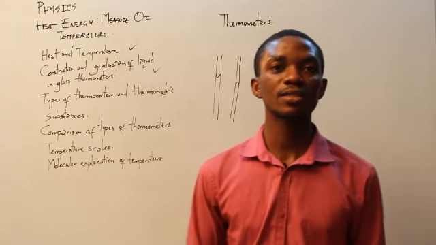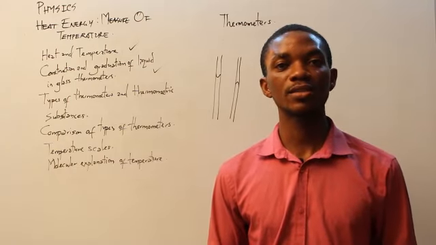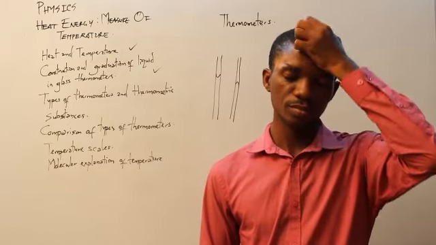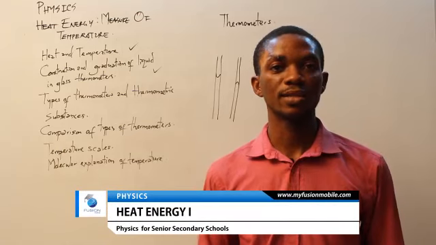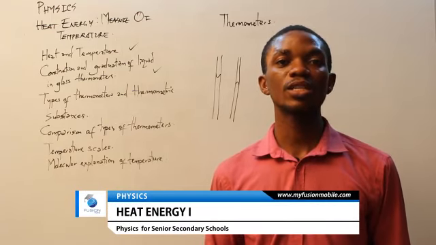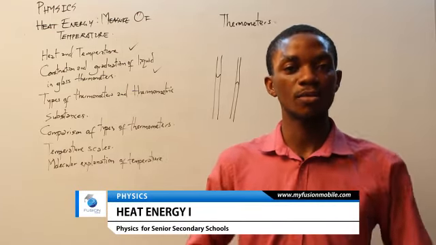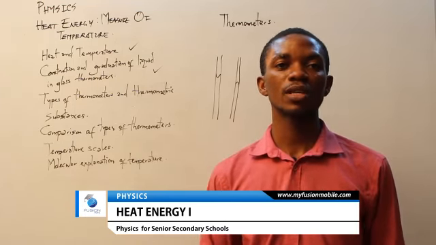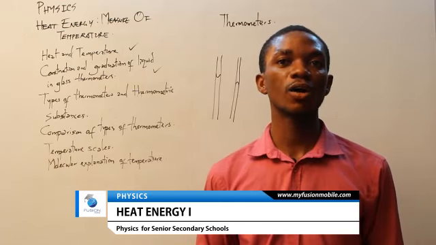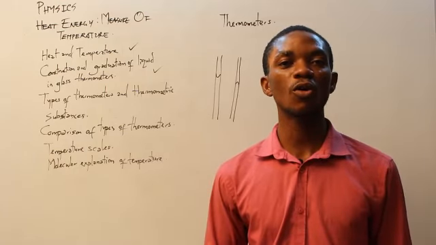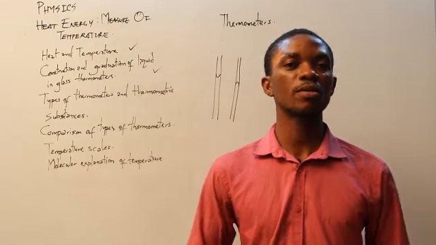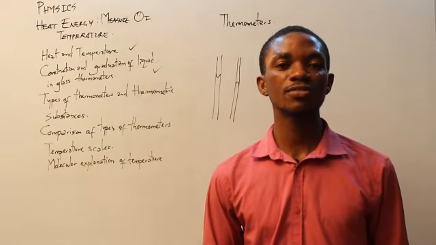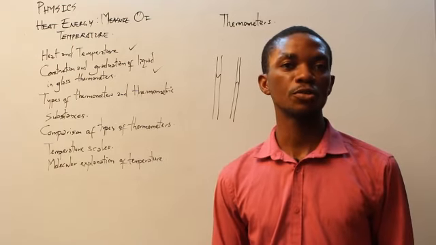In the resistance thermometers, substances which offer resistance to the flow of current when electricity is being passed through a circuit, that are also very, very sensitive to temperature, are used.